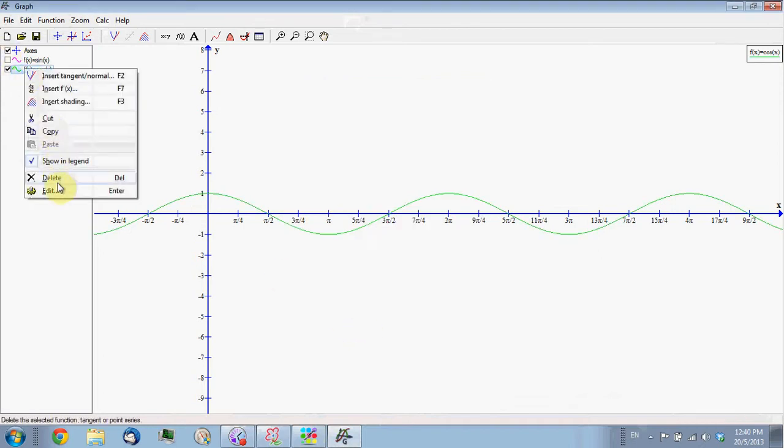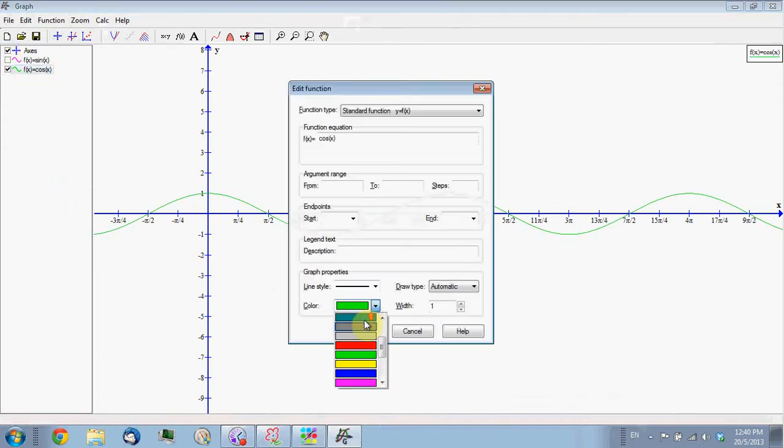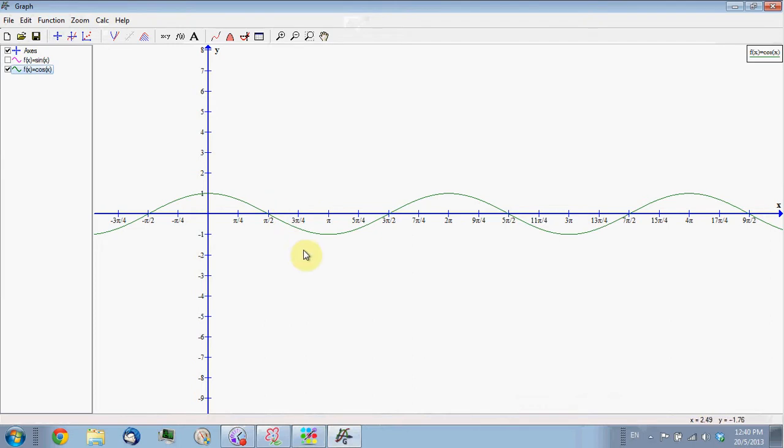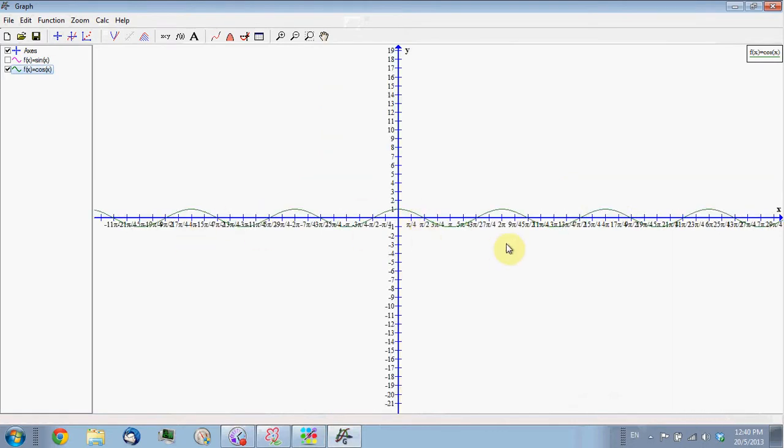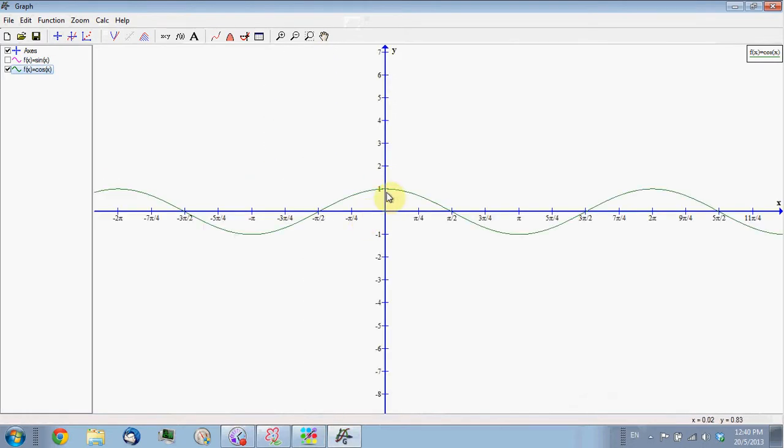A light green, this green. As you can see, the cosine graph again repeats forever, every 360 degrees.